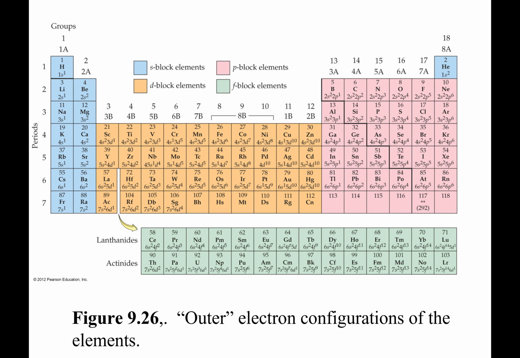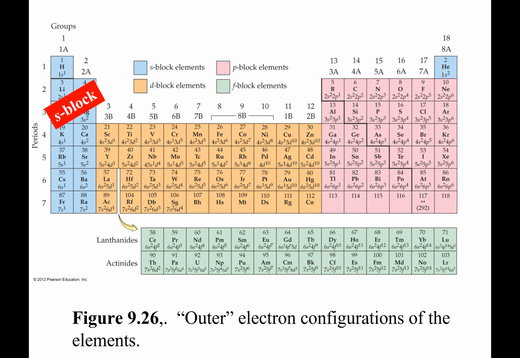So let's talk blocks. You can kind of see the colors: the blue, the brown, the pink, the green down here. As it turns out, we can call these an S block and a P block.